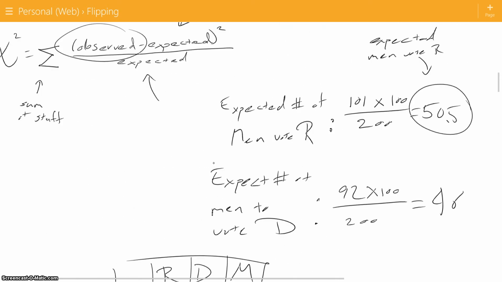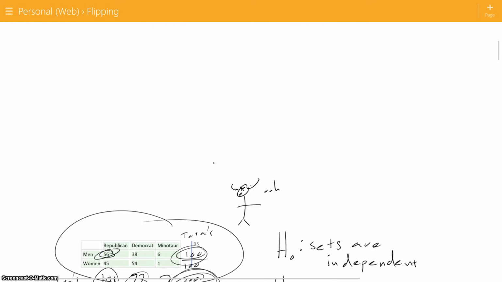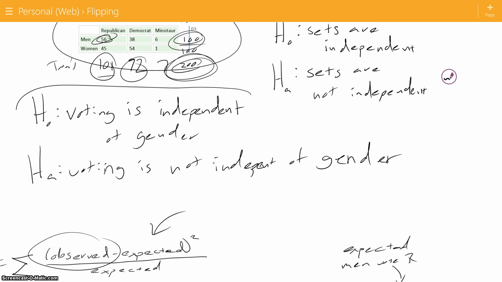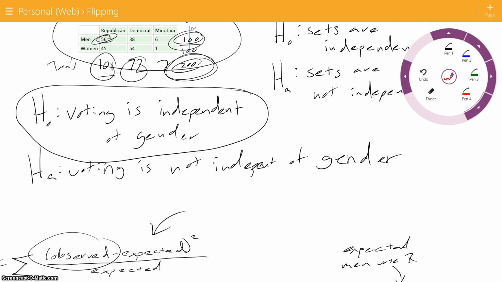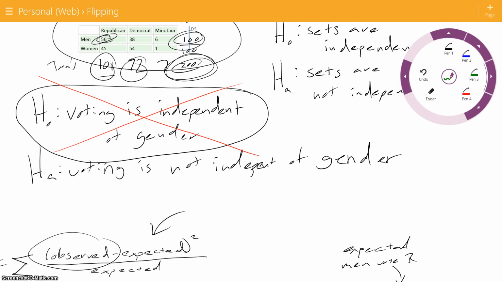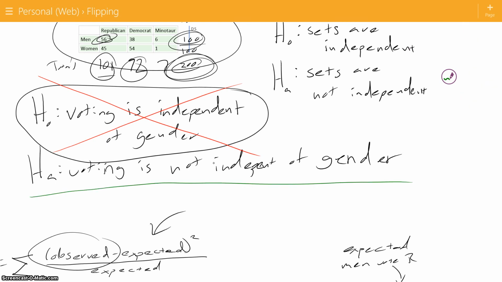Let's go back up. What was our null hypothesis? Well, if we go back to the very beginning up here, we said that our null hypothesis is that voting is independent of gender. And we said that we're going to reject that, so we do not buy that in this case because our chi-squared is too high. So we're inclined to believe that voting is not independent of gender.